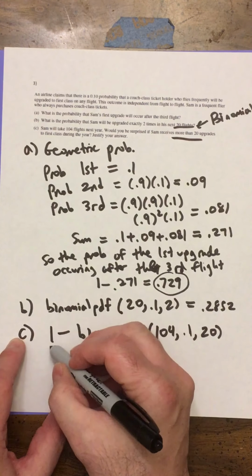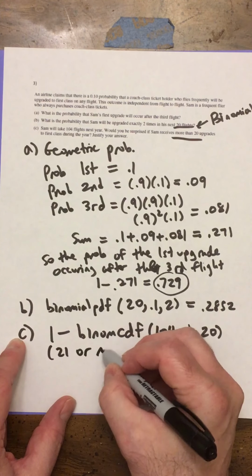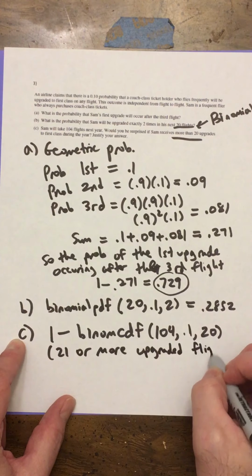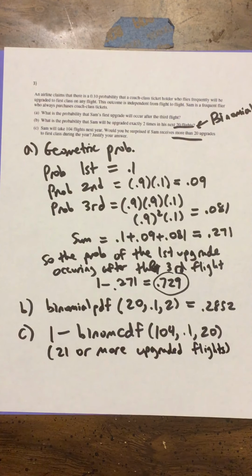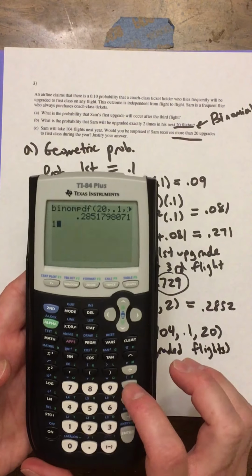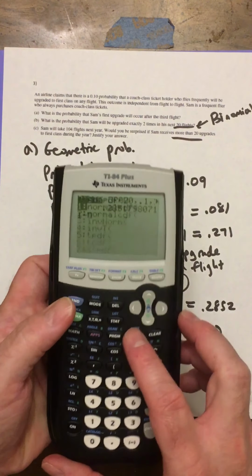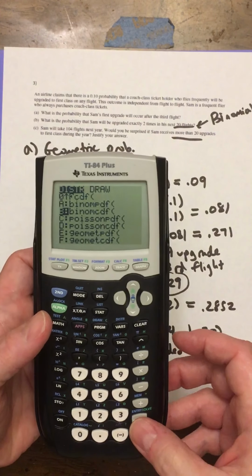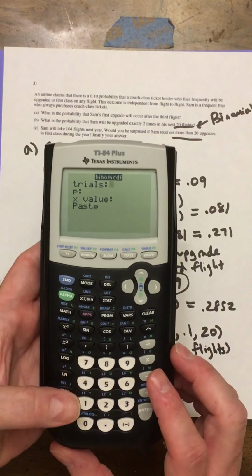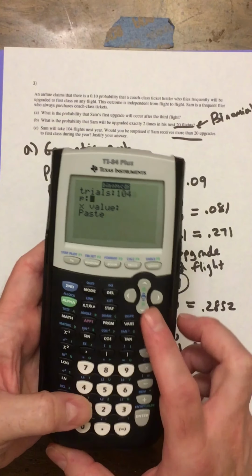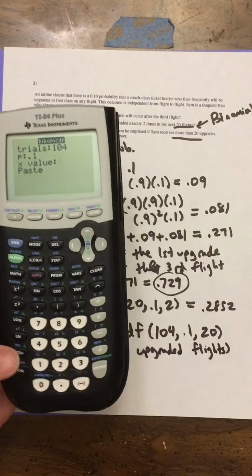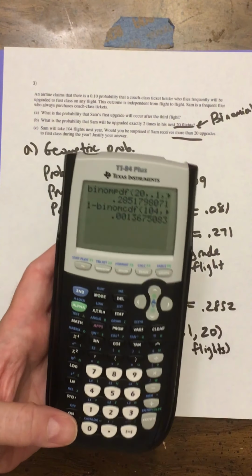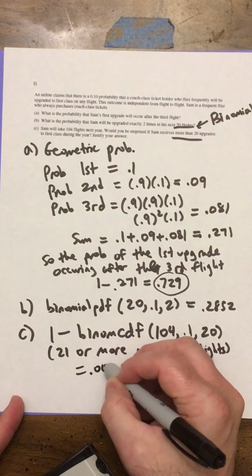So that's this whole thing means 21 or more upgraded flights. And again, this one will be a binomial CDF. So I'm going to put the 1 minus in, and you will go to the distribution, and I like to scroll up because it goes to the binomial functions quicker. Binomial CDF, we're talking about 104 trials, p-value is 0.1, and we're putting in 20, and that's going to give us 0.001. So this is 0.001.